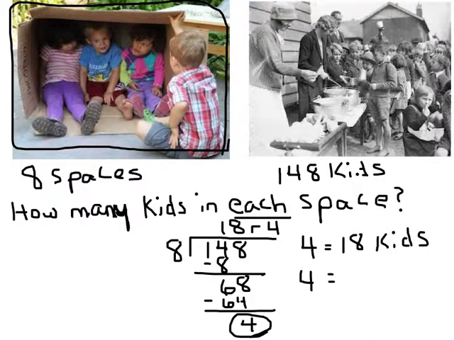I'm going to have 19 kids in those. So I've got 8 total, but I've got to divide the kids as evenly as I can. And so the 4 spaces plus the 4 spaces is 8. And 4 times 18 and 4 times 19 would give me a total of 148.